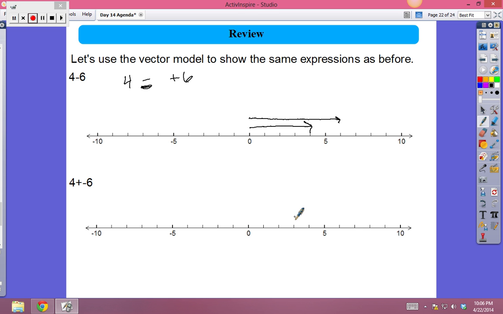Okay, now to subtract vectors, I have got to take this vector of 6, I've got to 180 it, change the direction, reverse the direction, and then I place it head to tail. So this is the tail. I'm going to put this tail on the head of my first vector, change the direction.